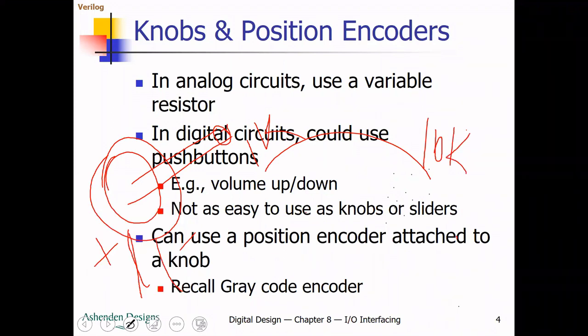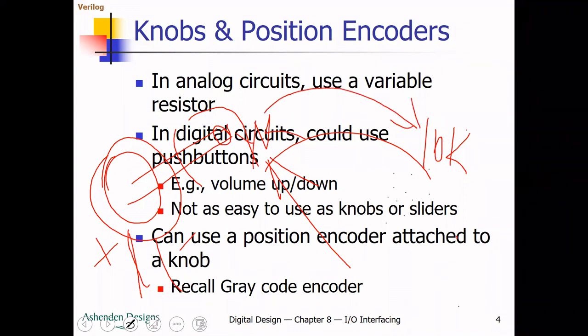So the value ranges from 1 to 10. When you keep rotating your pot, the value changes from 1K to 10K. Minimum is 1K, maximum is 10K.